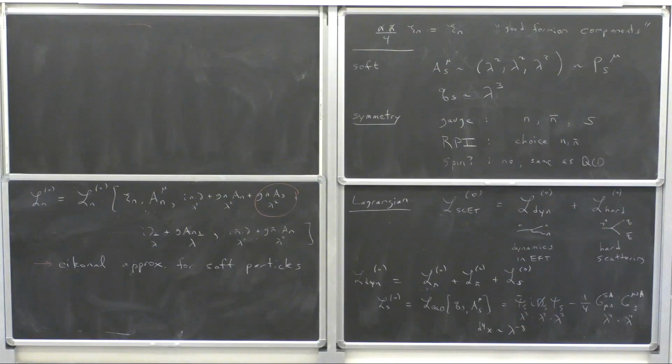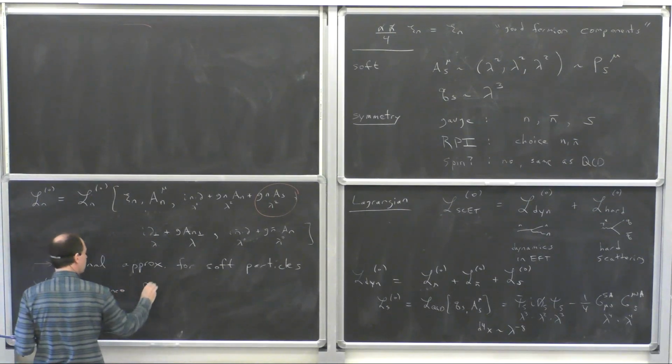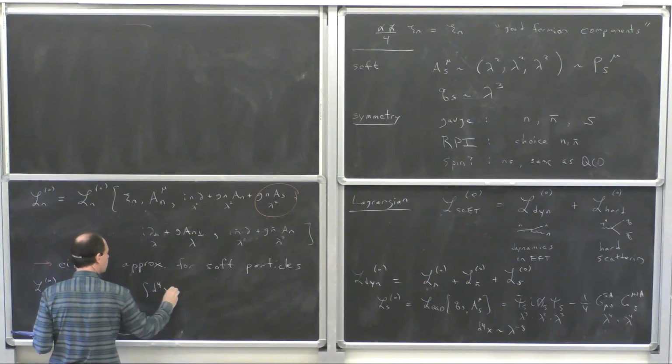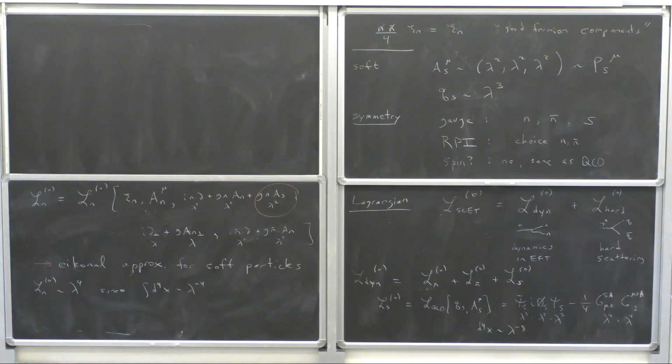Okay. Now you could go through and figure out that you want L_n0 to scale like lambda to the 4, since d4x scales like lambda to the minus 4. And then you could work out with these good components what the form of the Lagrangian is, and I'll just tell you what it is.